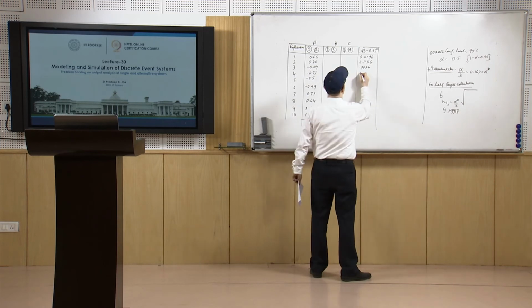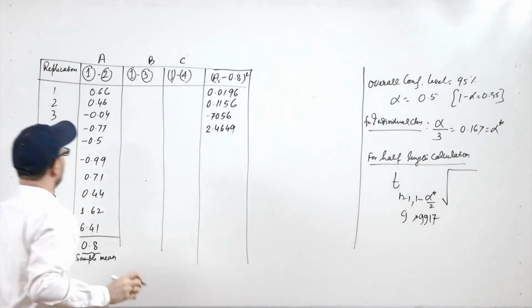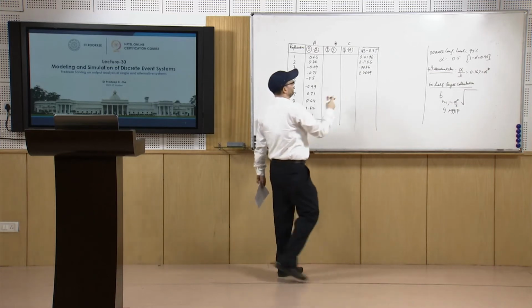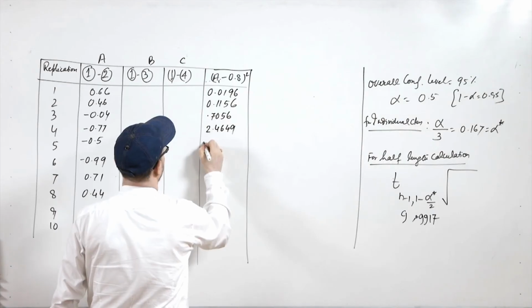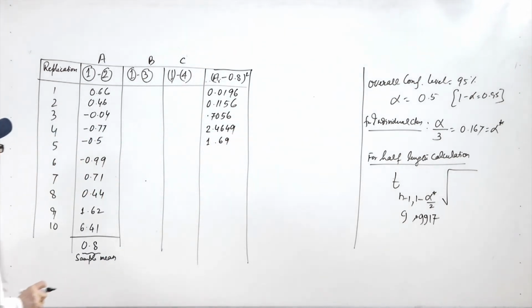So, it will be basically 2.4649. Similarly, minus 0.5 minus 0.8, so it will be minus 1.3 squared. So, minus 1.69, so it will be 1.69, not minus, it will all be plus.